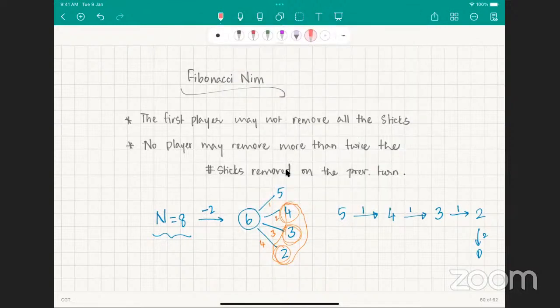But in Fibonacci nim, the only P positions are heaps whose size is a Fibonacci number.